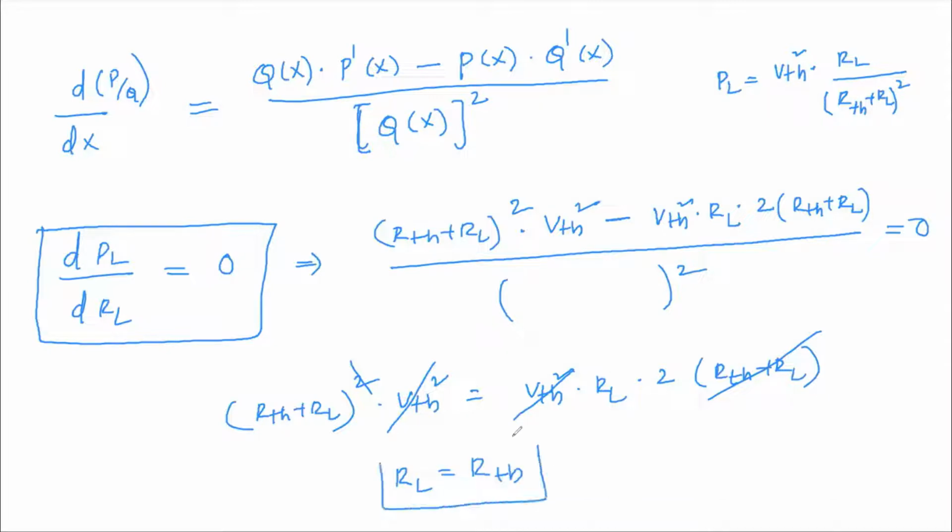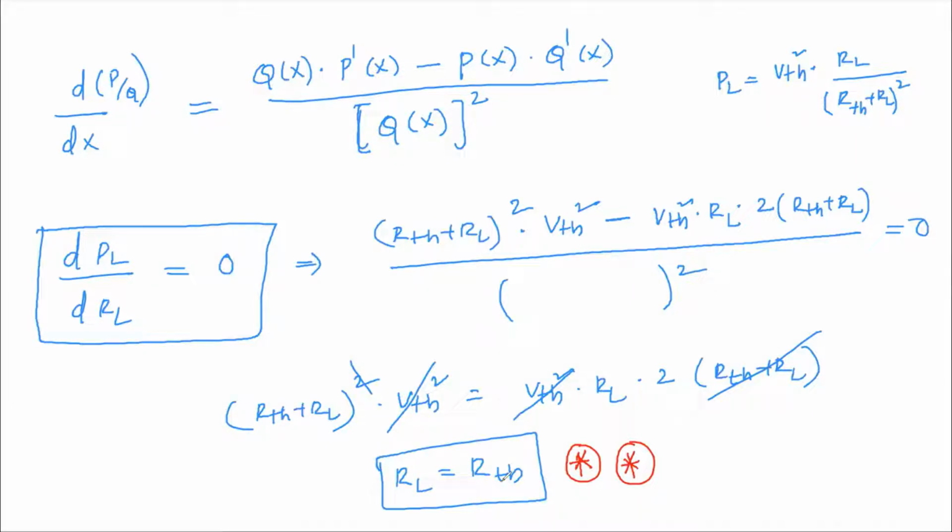So this is the condition for maximum power that has to be transferred from the network to the load. The variable load resistance must be equal to R Thevenin in order to see a maximum power is transferred to the load.